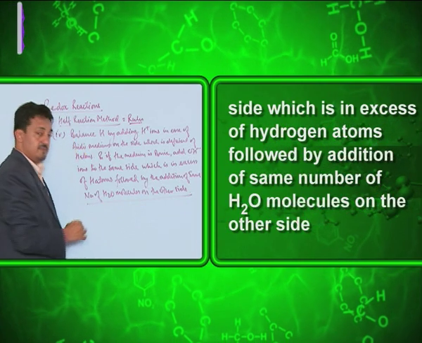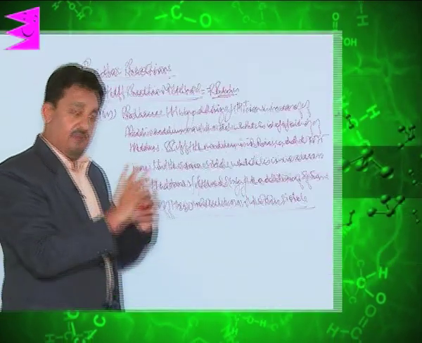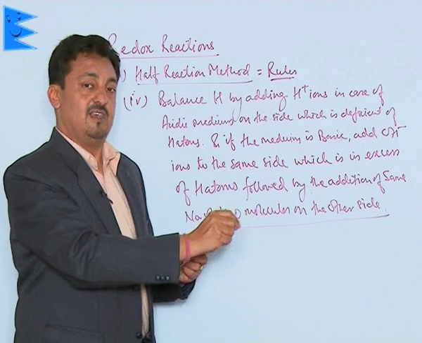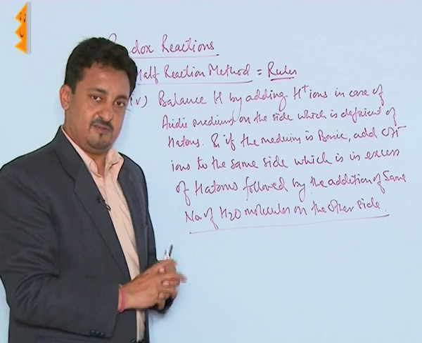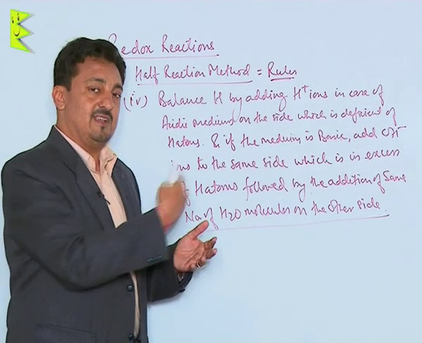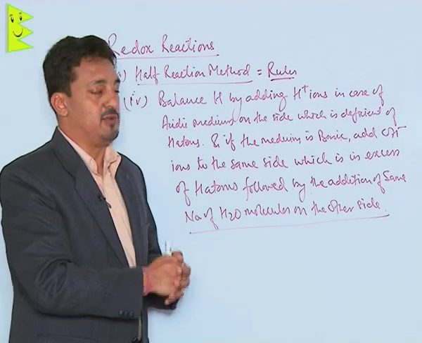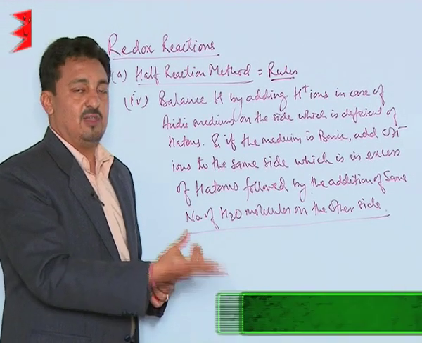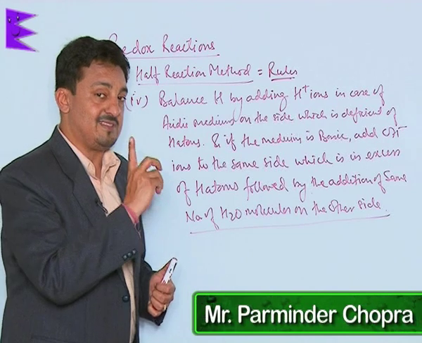First, if the medium is acidic, simply add H plus ions to the side which is deficient of hydrogen atoms. And how many H plus ions will you add? If the right hand side is deficient of 2 hydrogens, you will put 2 H plus ions. So according to the number of deficiency, the number of H plus ions are added if the medium is acidic.